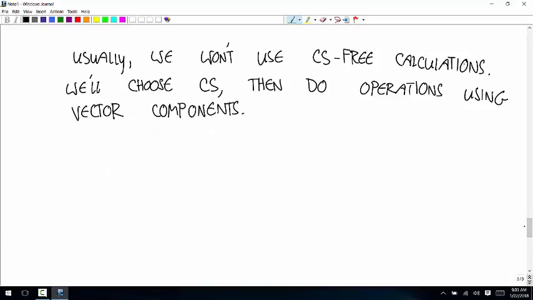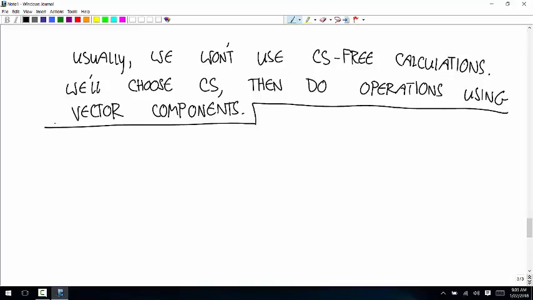Okay, so the way components work, say this is your vector. Move the tail of your vector to the origin of the coordinate system.